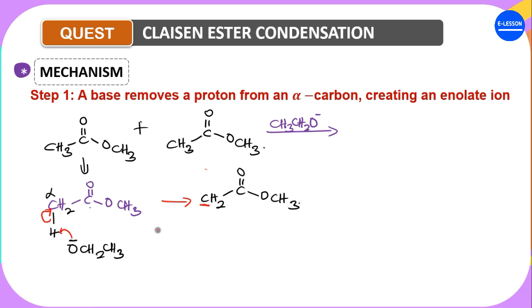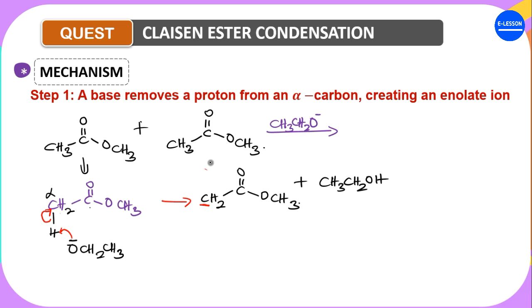Now, when this proton is abstracted by this alkoxide ion, what do you think we form? This one will form OH, right? So this will be plus CH3CH2OH, which is ethanol. This is one of the products of the reaction.